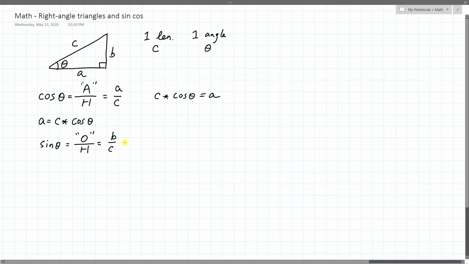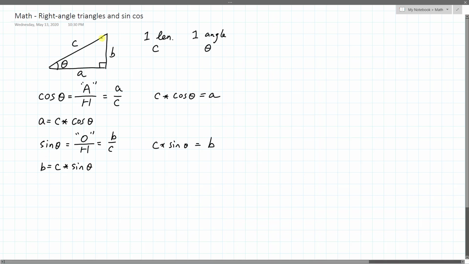We just multiply C on both sides, and the right side will be only B left, and the left side has a C. So C times sine theta is equal to B. Or we can say B is equal to C times sine theta. So now we actually found both lengths, the lengths A and B.